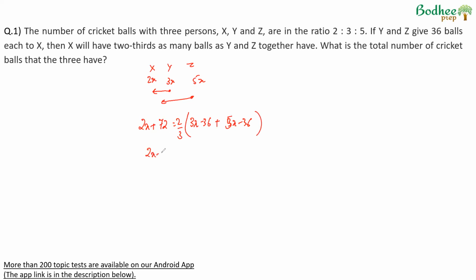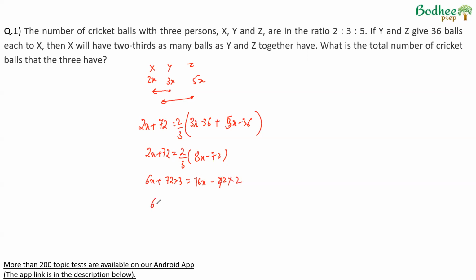So we're basically solving for this. 2x plus 72 is equal to 2/3 of 8x minus 72. Cross multiply, 3 goes here, (2x plus 72) into 3 is equal to 16x minus 72 into 2.